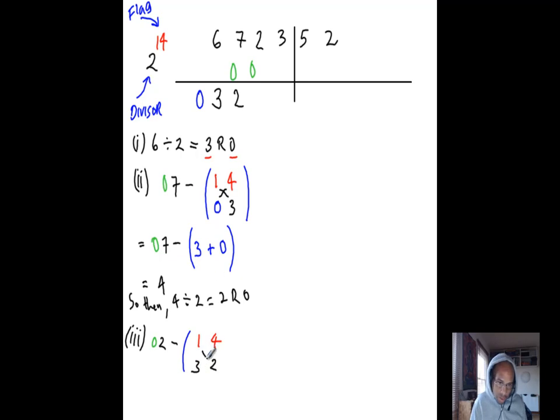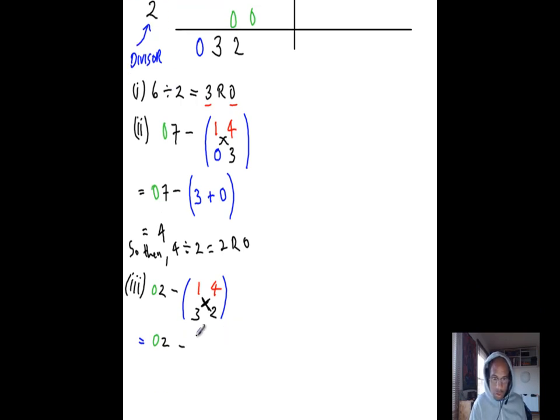And then you multiply these 4, like so. That 2, those 2, and those 2. Close it off. And that's equal to 0, 2 take away, give ourselves some space, 0, 2, and in parentheses we've got 1 times 2 is 2, 4 times 3 is 12, plus 12 like so.